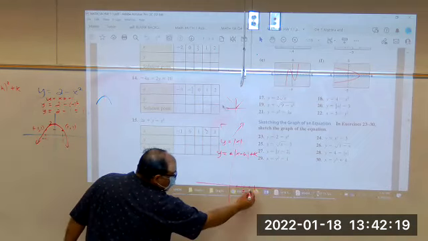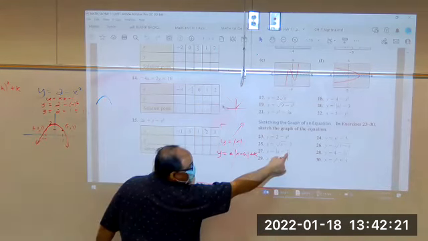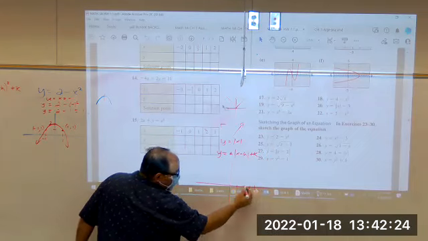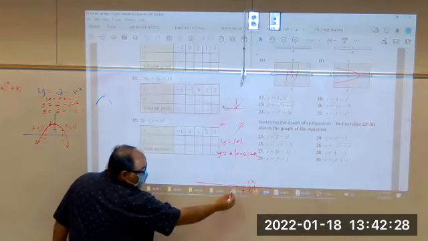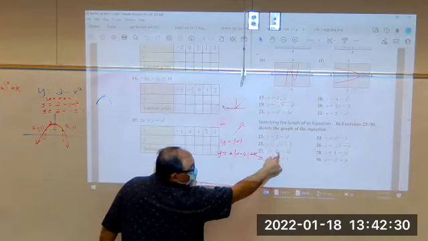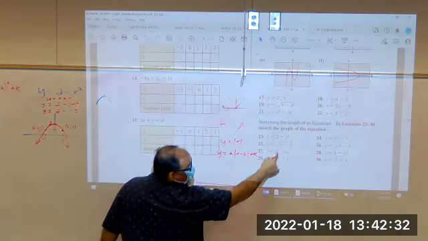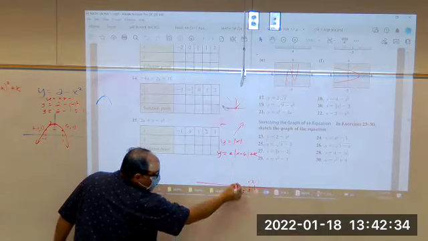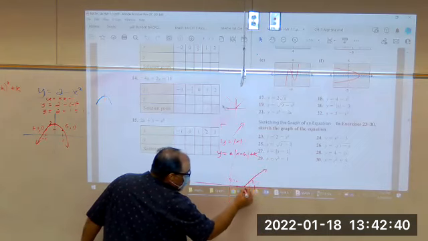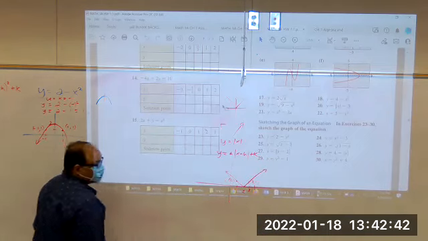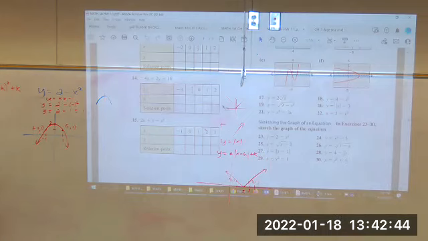Plug in 3. 3 minus 2 is 1. The absolute value of 1 is 1. So 3 goes in, 1 comes out. If you plug in 1, 1 minus 2 is negative 1. The absolute value of negative 1 is 1. You get a straight line there, a straight line there, for the absolute value.